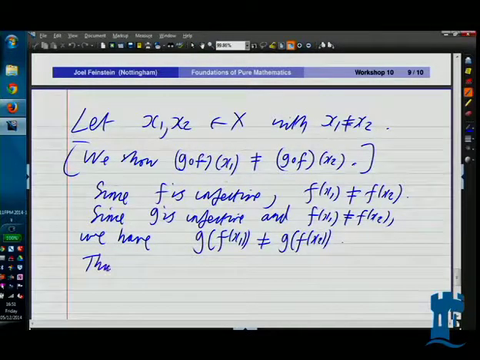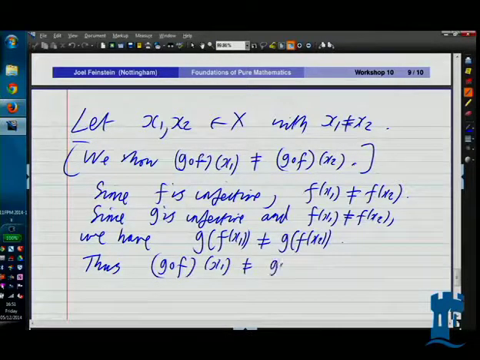Thus g composed with f of x1 is different from g composed with f of x2. That happens whenever x1 and x2 are different, so that shows that g composed with f is injective.